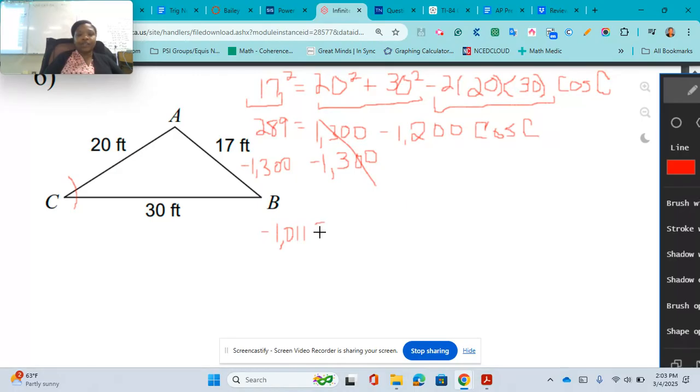We bring down the equal sign. And what do we have left on the right side of the equal sign? What kind of 1200? Excellent.